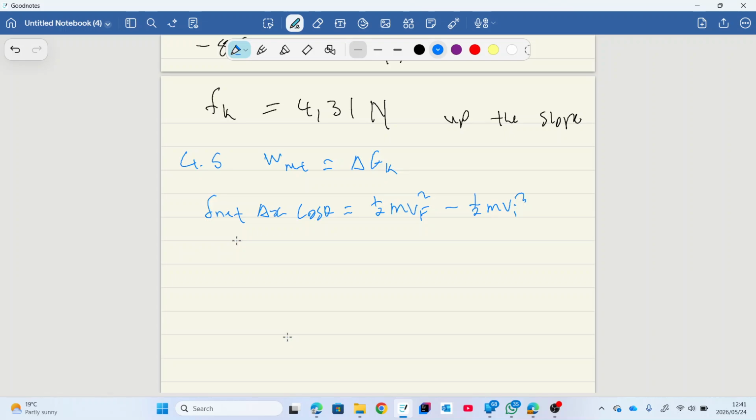So Fk can be written as mu k times the normal force, right? Mu k times the normal force.